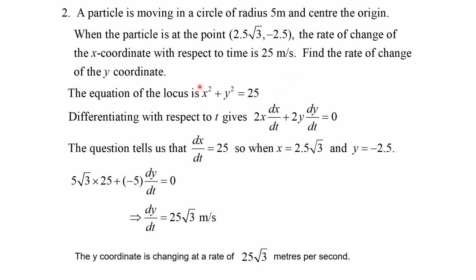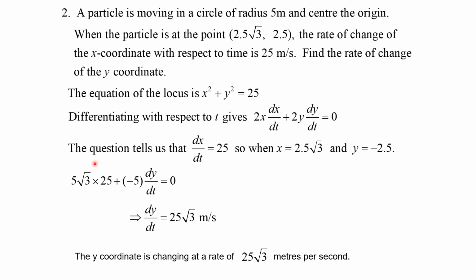From this equation, when you apply implicit differentiation that you learned in the previous lecture, differentiating x squared plus y squared equals 25, you need to differentiate with respect to t. Bear in mind, not x, not y, but with respect to t. You will arrive at 2x dx/dt plus 2y dy/dt equals 0, because differentiating 25 gives you 0.